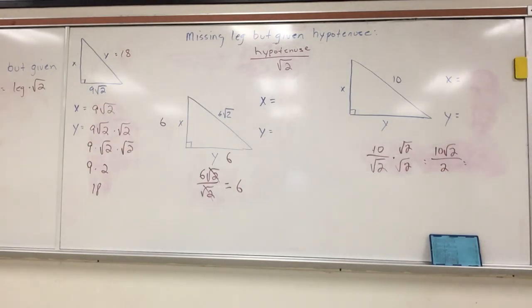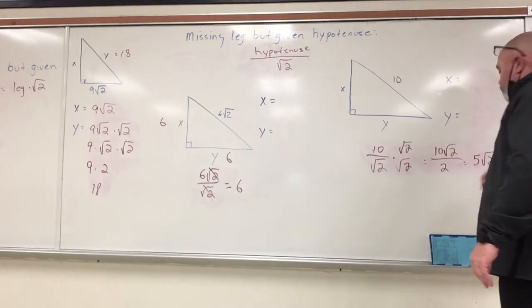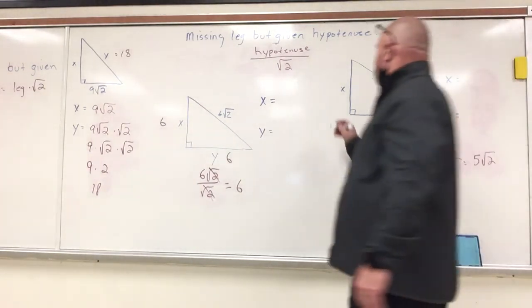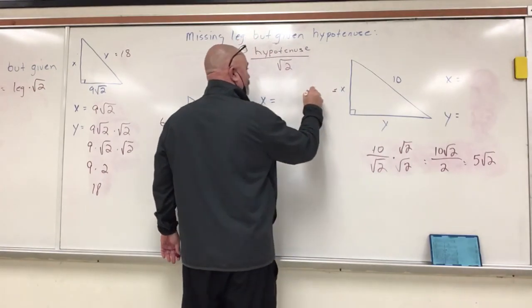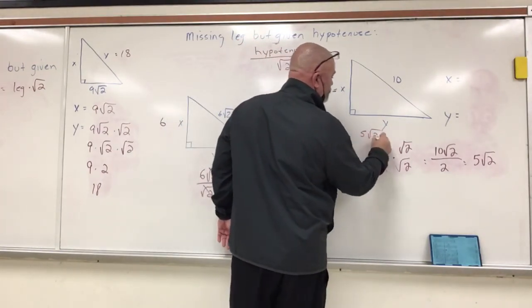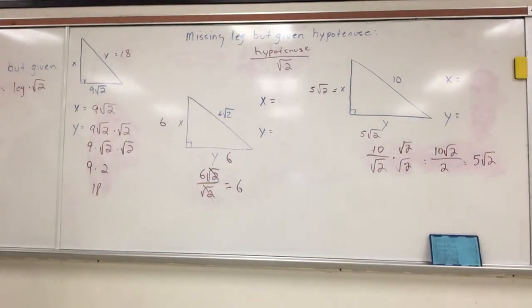Yes, it reduces to 5. So I'm left with 5 square root of 2. So my leg in this case is 5 square root of 2. Anybody have any questions?